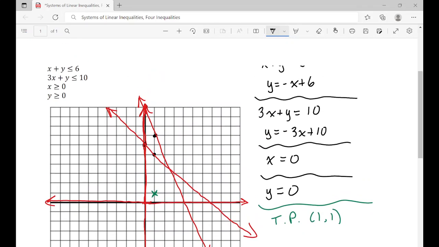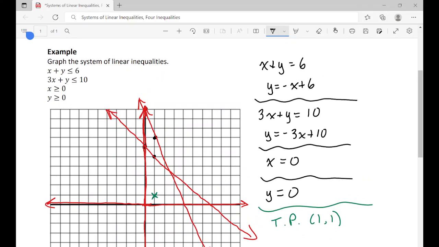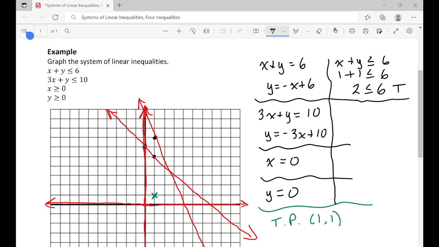So I'm going to plug 1, 1 into the first one. x plus y is less than or equal to 6, which is 1 plus 1 is less than or equal to 6, which is 2 is less than or equal to 6. Is 2 less than or equal to 6? Yes, it is true.